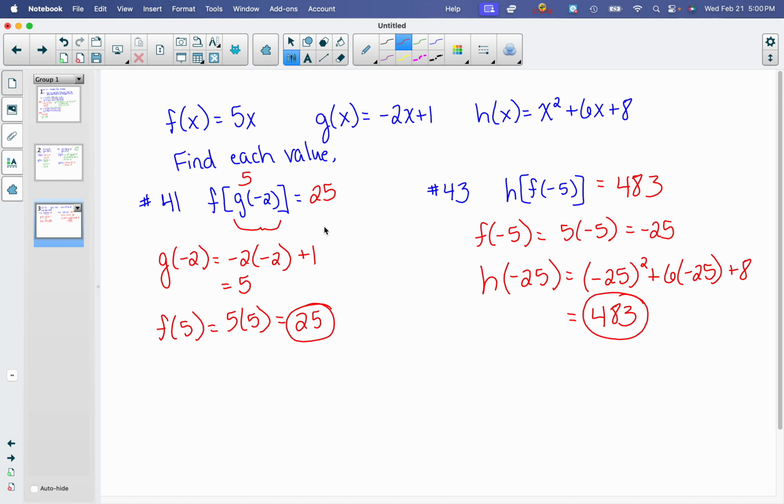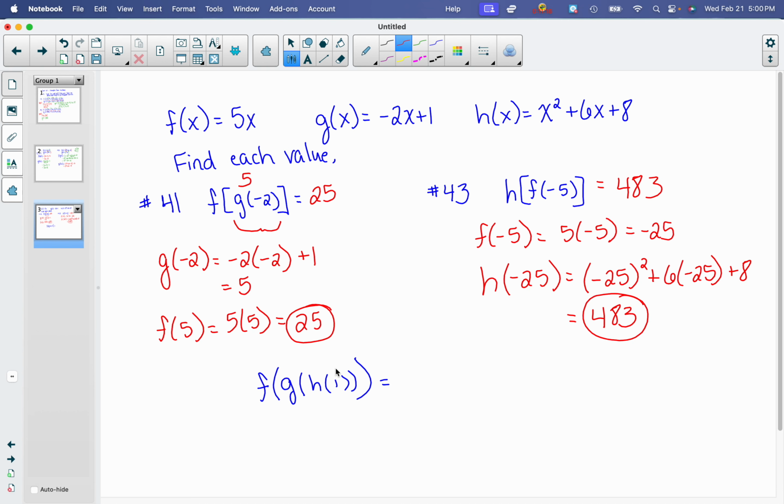Now, it's not one of these problems, but you could even do f of g of h of 1. So think about what that might look like. You always start with the inside function. So you would start here, and you would find h of 1.